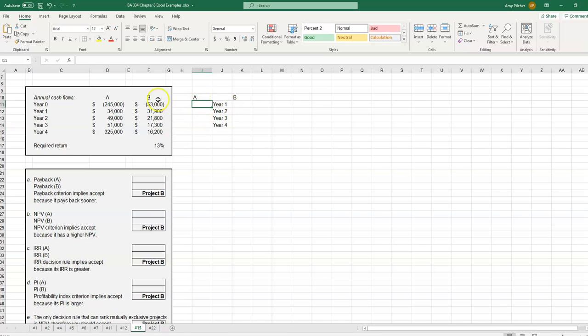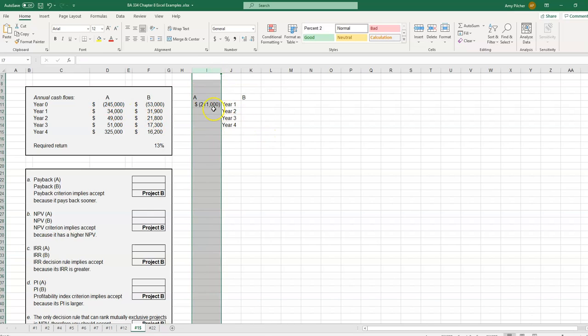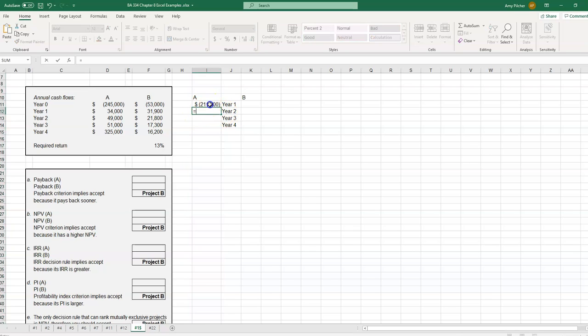So project A, take the initial cost plus year one cash flows, and then the cost remaining at the end of year one plus year two cash flows, the cost remaining at the end of year two plus year three cash flows. And then in year four, we're going to make more than what is left in year three.